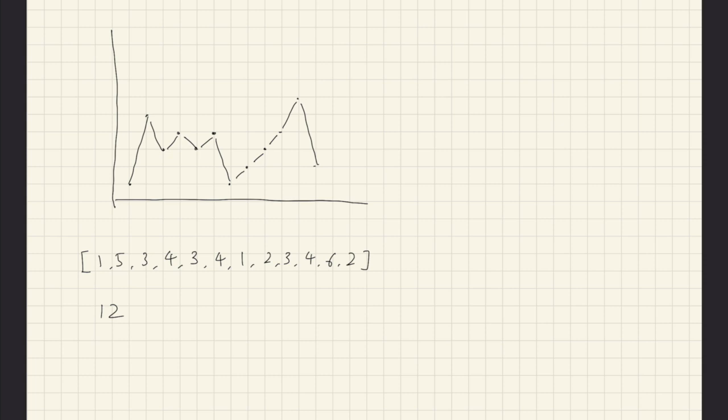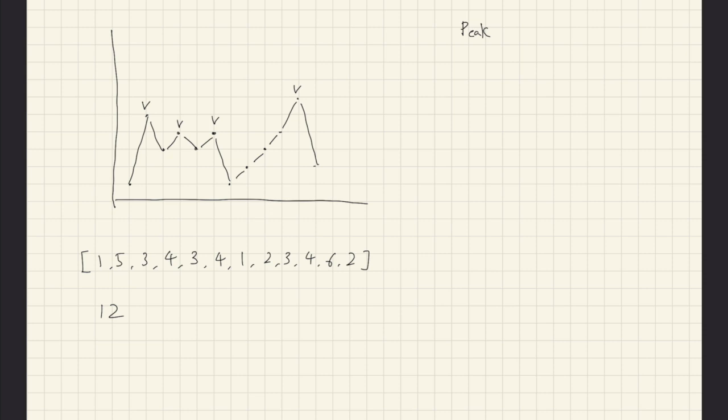First, we need to know where the peaks are. A peak should be a position where the previous value and the next value inside the array are smaller than itself. So let's mark them inside the graph. It looks like this.